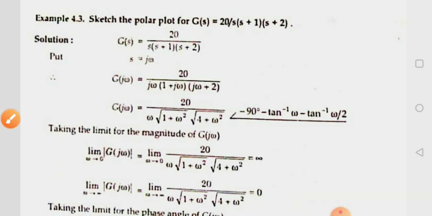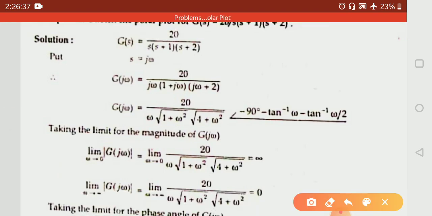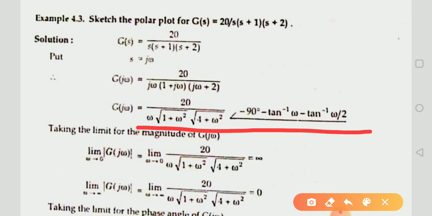Now we write this term with magnitude and phase angle. This is 20 over omega under root 1 plus omega square and under root 4 plus omega square, because here this is 2, so x square plus y square means 2 square and omega square, so 2 square is 4, so here 4 plus omega square. Now we take the angle, it is minus 90, then tan inverse omega, then tan inverse omega upon 2.